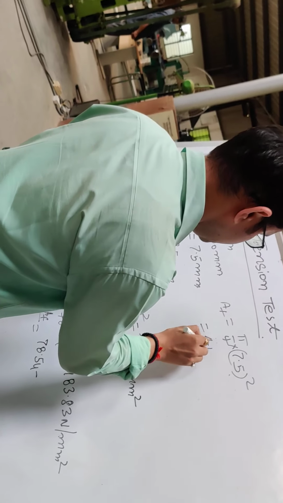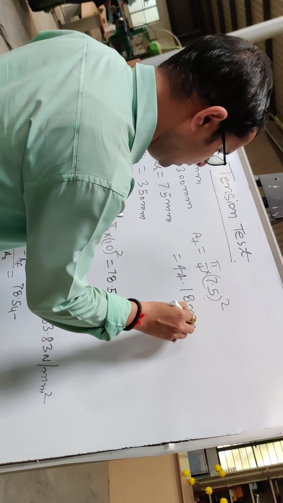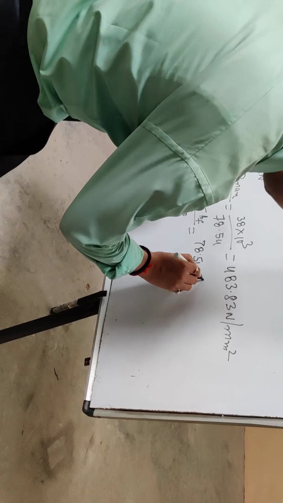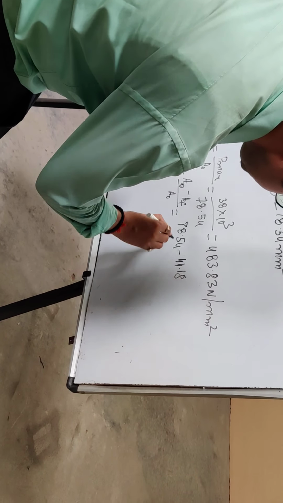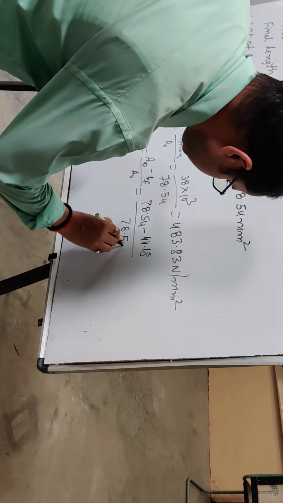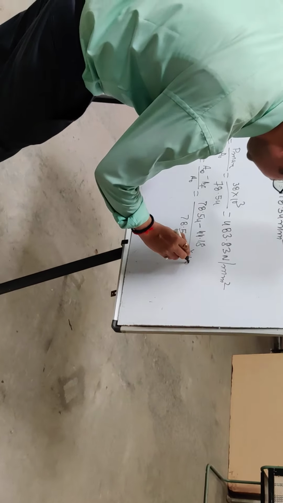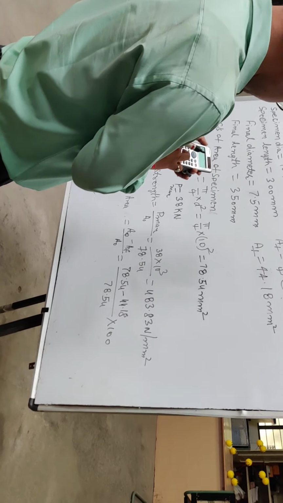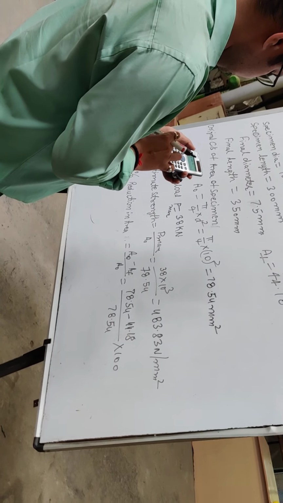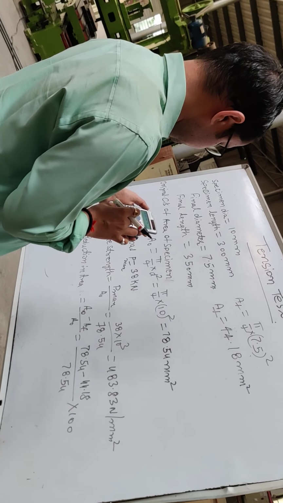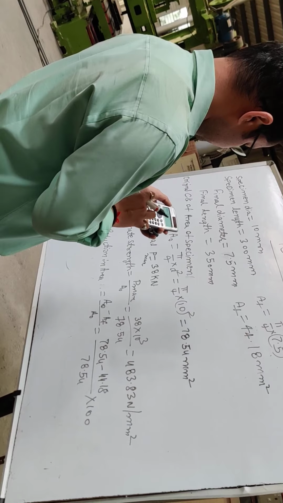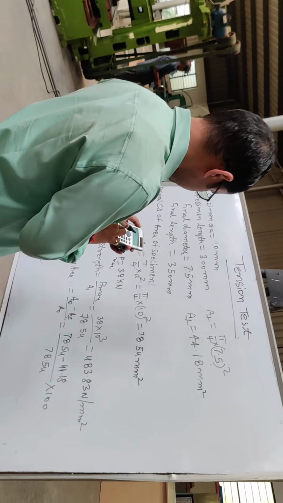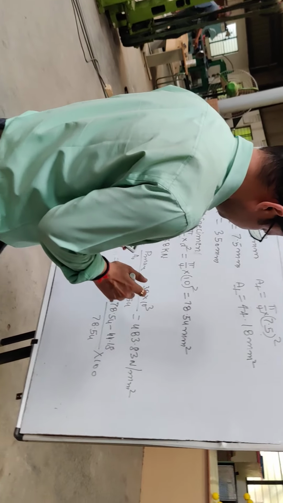Final area is 44.18 mm square. So this comes to 44.18 upon 78.54, and it will be multiplied by 100. So it comes 43% reduction in area.